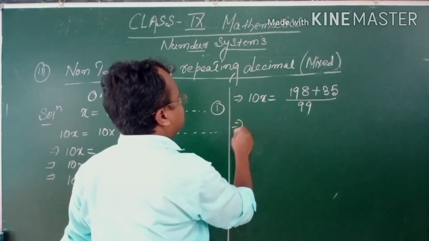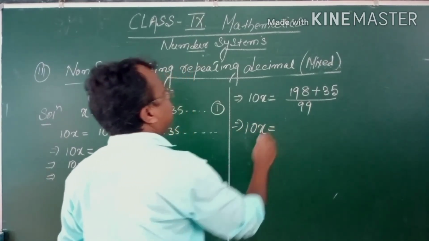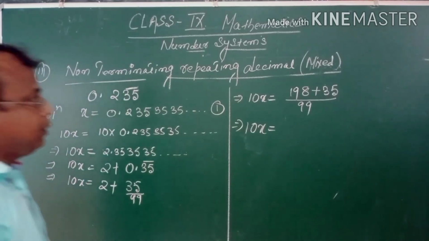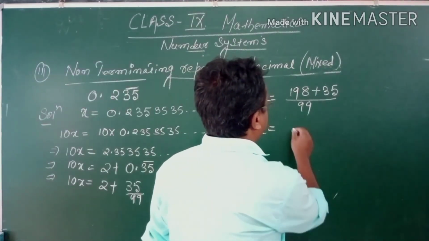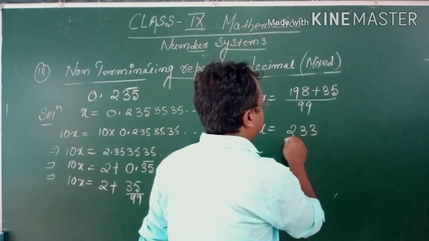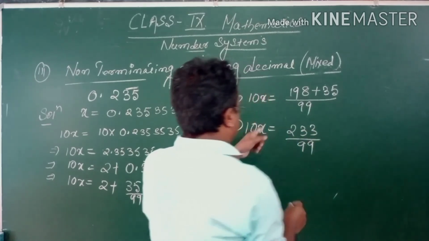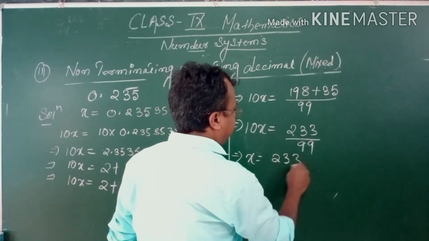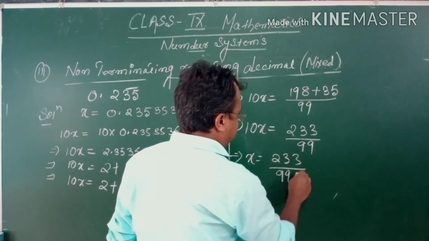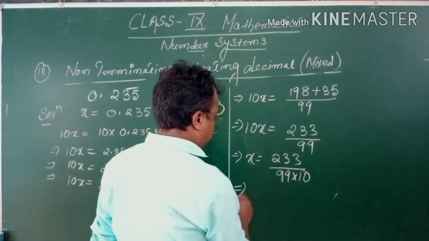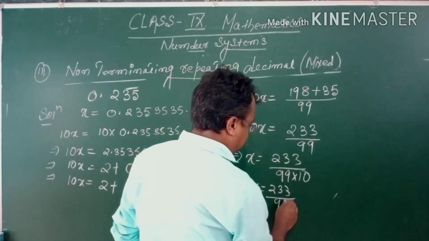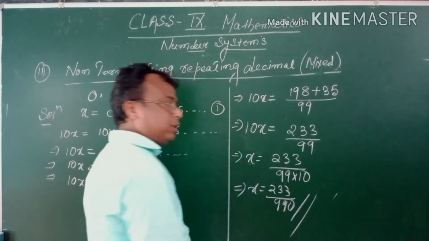So 10x is equal to 198 plus 35, which is 233 divided by 99. So now x is equal to 233 divided by 99 into 10. So x is equal to 233 divided by 990. So this is our answer.